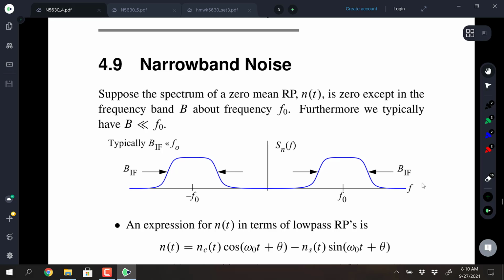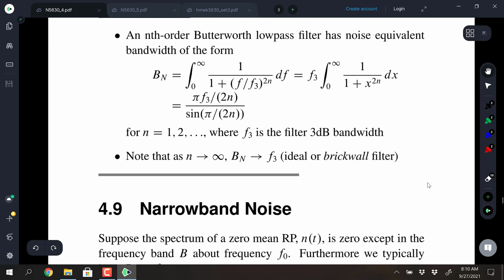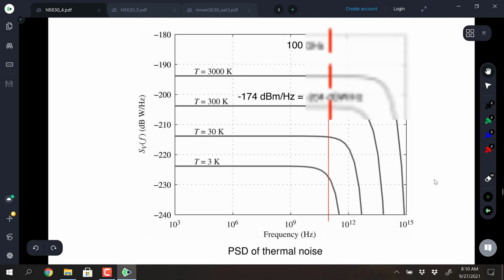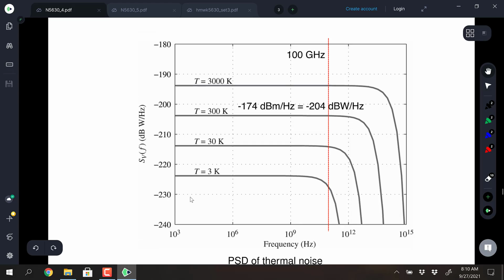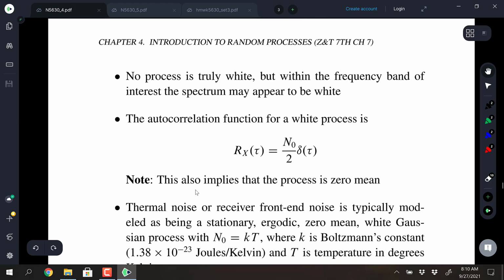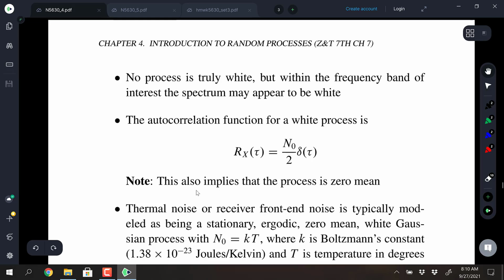So typically in RF communications, we don't have noise that is flat across the entire spectrum. In other words, it's not strictly white noise like we were talking about back over here, where essentially in the RF band the noise is flat, and we have this model right here for the autocorrelation, and then the Fourier transform of that is a constant N0 over 2 over the entire spectrum.